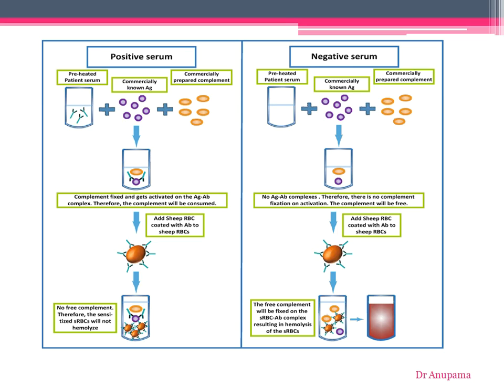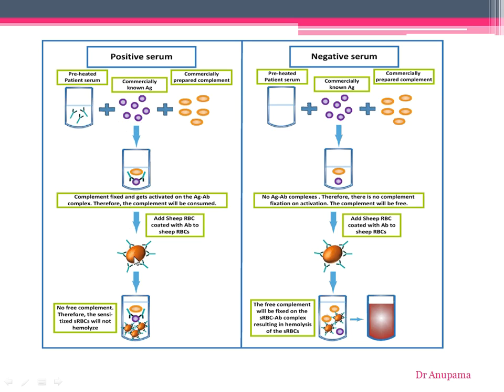So this slide is a summary of it. The positive serum and the negative serum. Initially we take the preheated serum where complement is denatured. Then take the antigen of interest, the purest form of the antigen of interest. Then take the known amount of complement. You mix these things and incubate. You see that the antigen antibody complex is formed and therefore complement gets fixed.